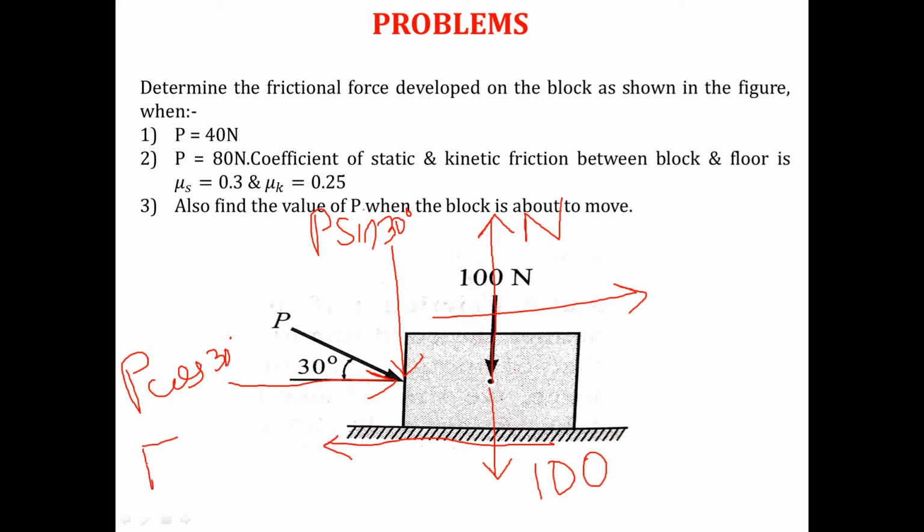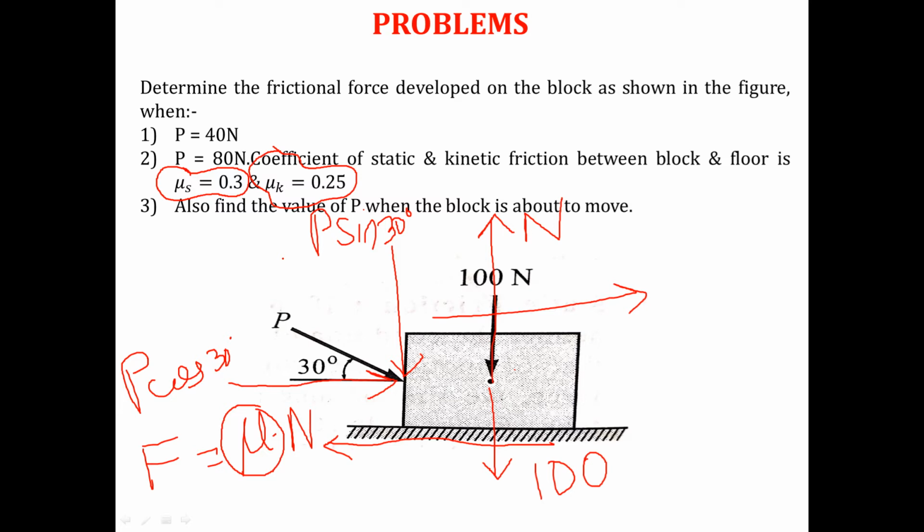Frictional force F is equal to mu times N. But the problem is which value of mu I will take, because in the given problem the coefficient of static friction value is given, and the coefficient of dynamic friction value is also given. So can you tell me which value of mu you will take while solving the problem?